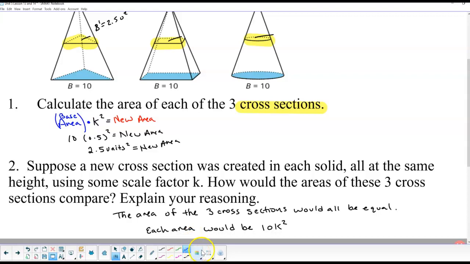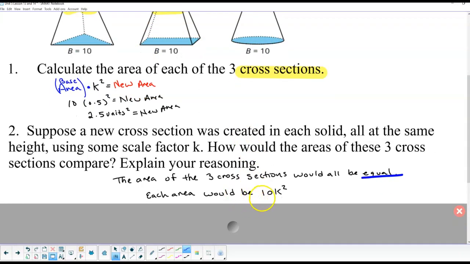The area of the three cross sections would all be equal because it doesn't really matter how far up you go in terms of your new height. I could go way up here, I could go just barely above the original base. Each area would be 10 times the scale factor squared, because 10 is the area of the base and k squared is the scale factor squared, and that will always give us the new area.